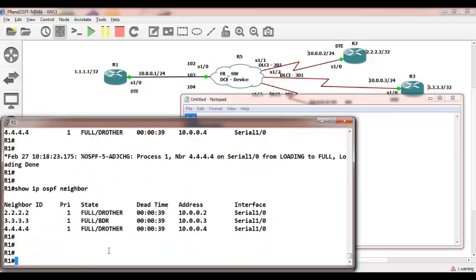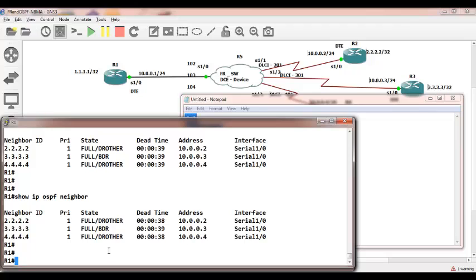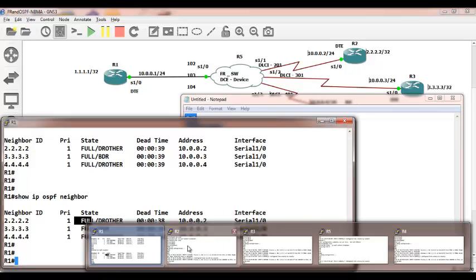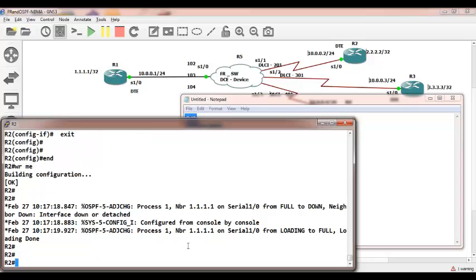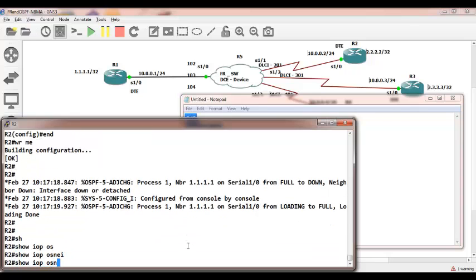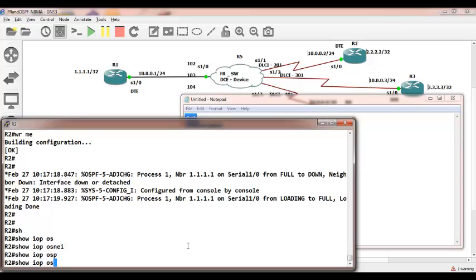Because R1 is a DR, everyone is forming full neighborship, full adjacency. Go to R2 and check. You will not have all neighbors with full adjacency. Only one neighbor.